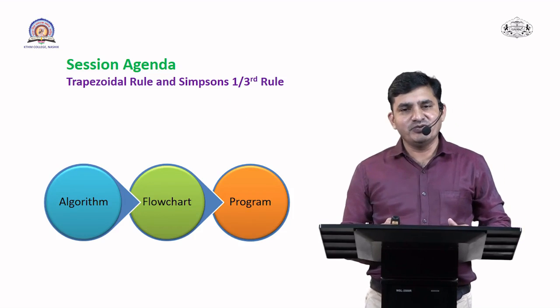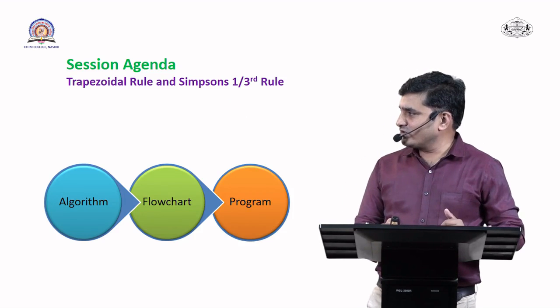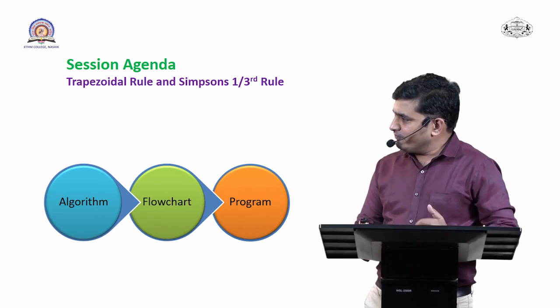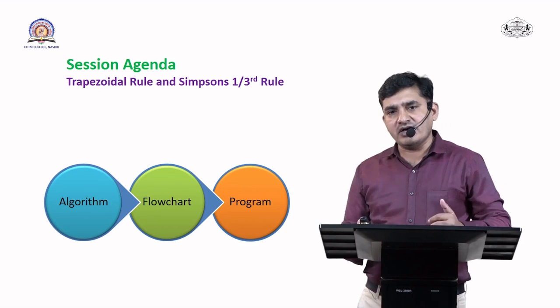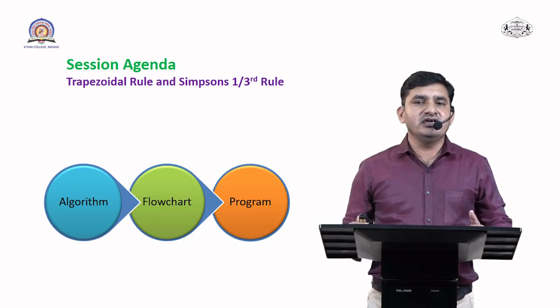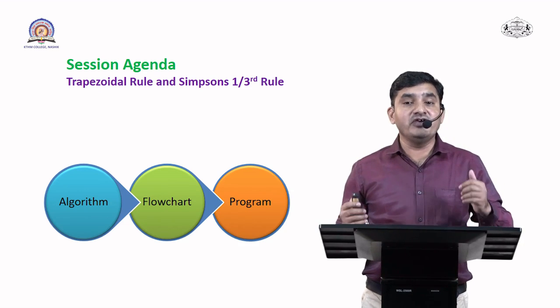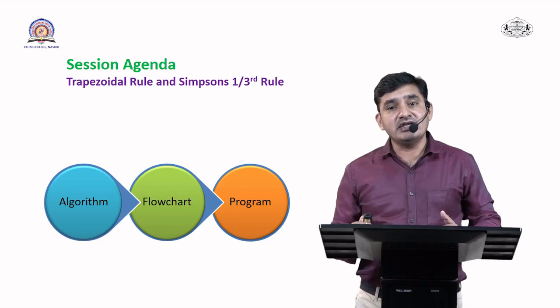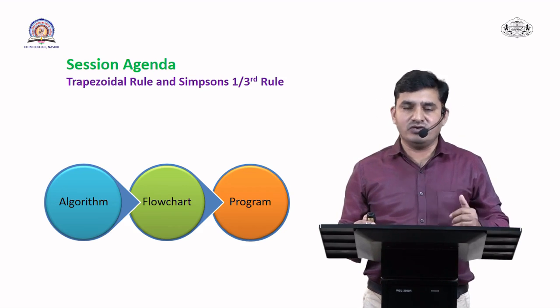In this lecture we have to see the trapezoidal rule and Simpson one-third rule: algorithm, flowchart and program to find the integration of a given function by using the trapezoidal rule and Simpson one-third rule.